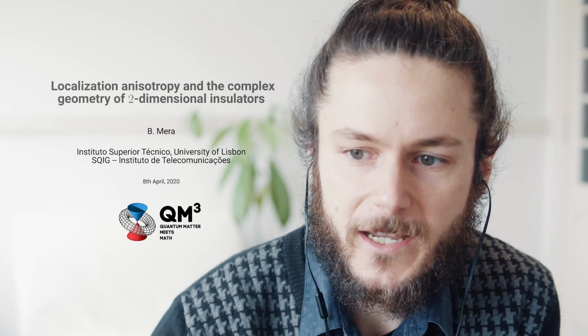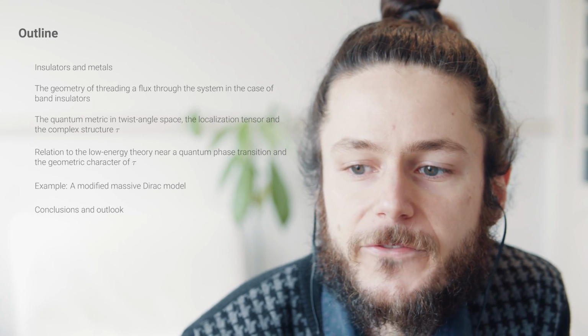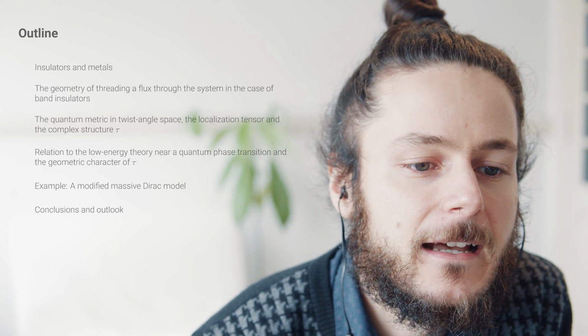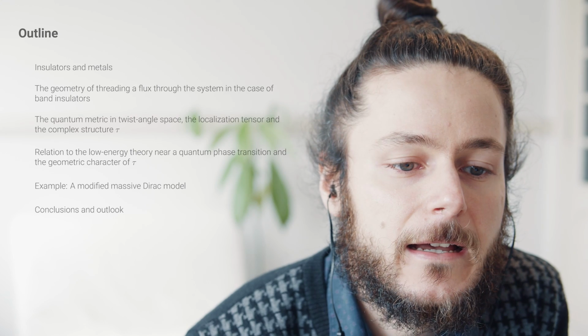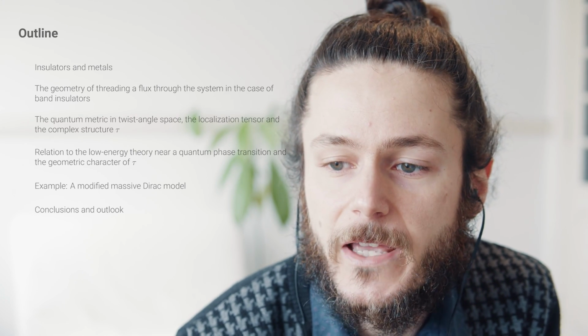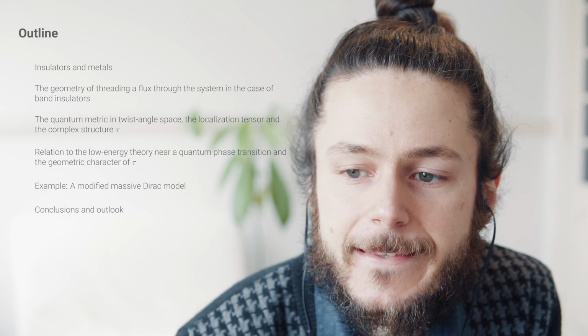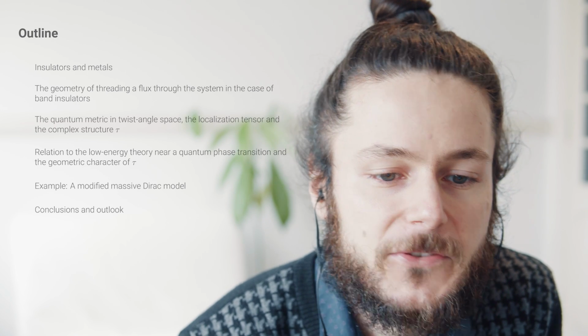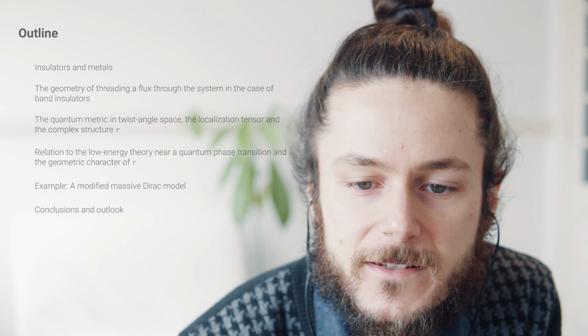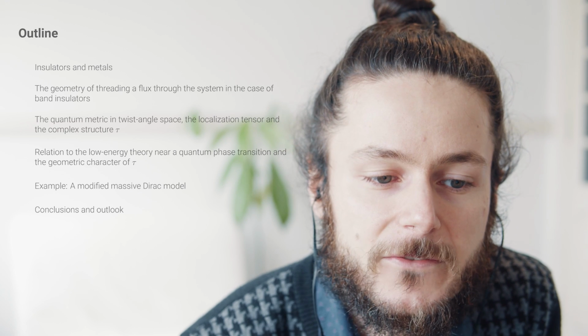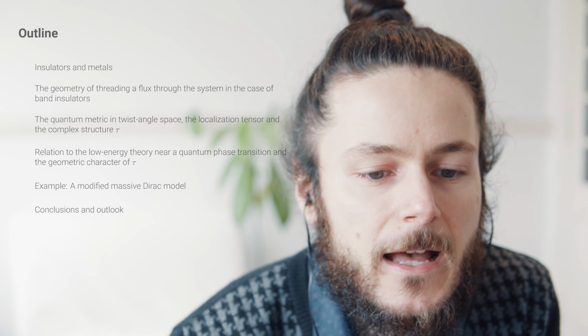So here is the outline of my talk. First, I will begin by talking about some generalities about insulators and metals. Then I will talk about the geometry of threading a flux through the system in the case of band insulators.